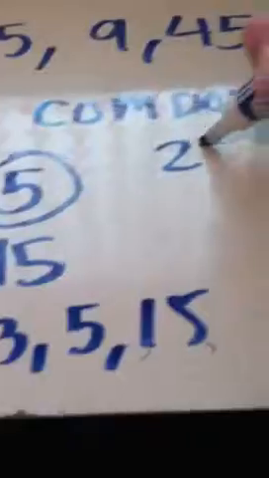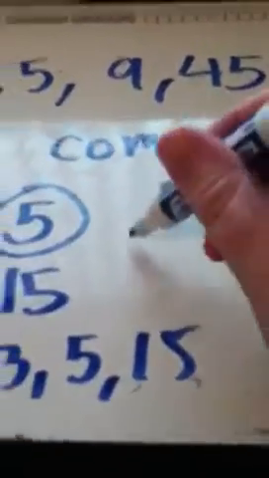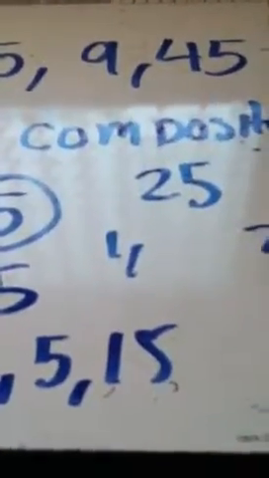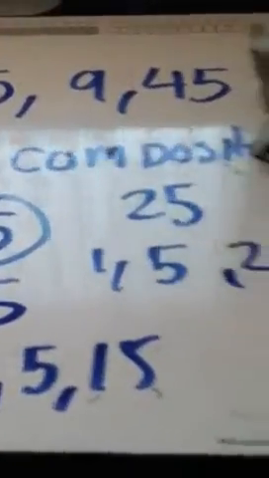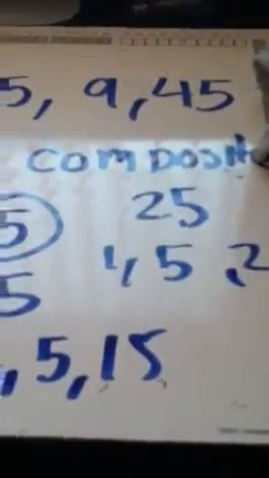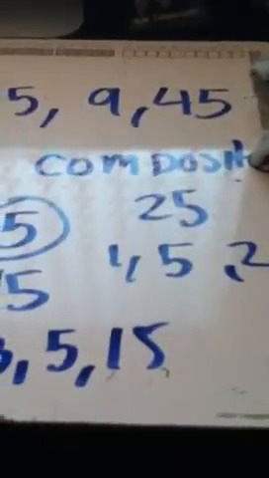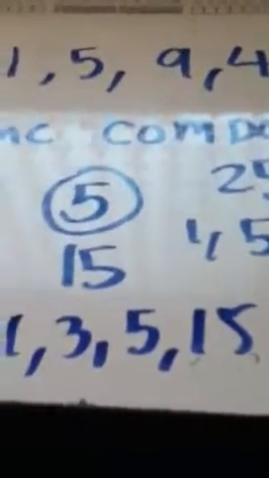If you went to the next one with a 5, 25, you get 1, 25, and then that 5 times 5 in the middle. Same if you went on to 35, you'd have 5 as a factor, 45 has 5 as a factor, on and on and on.